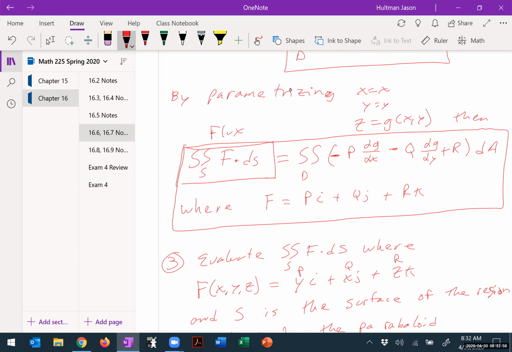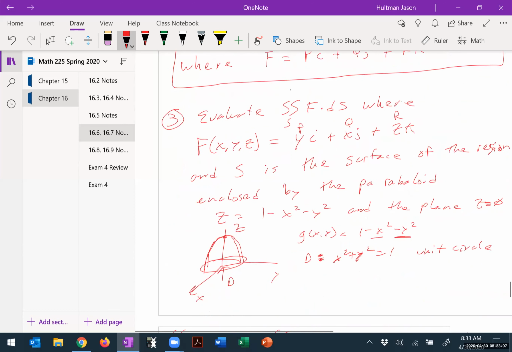So we're going to do that, and instead of just having f, we're going to let that be the curl of f.